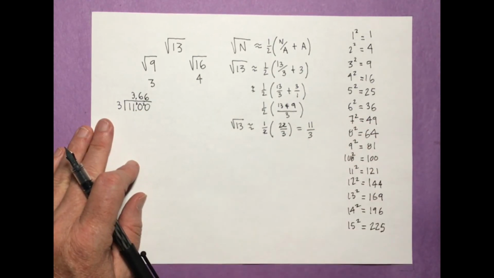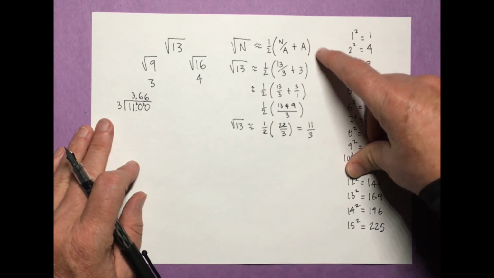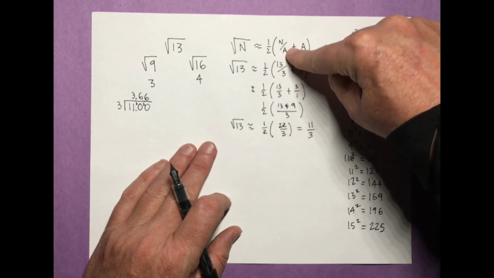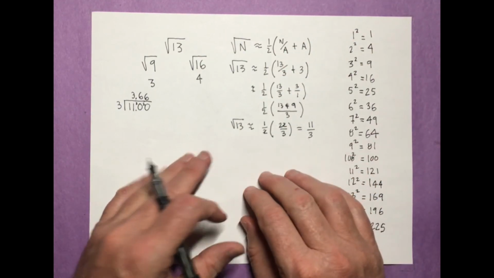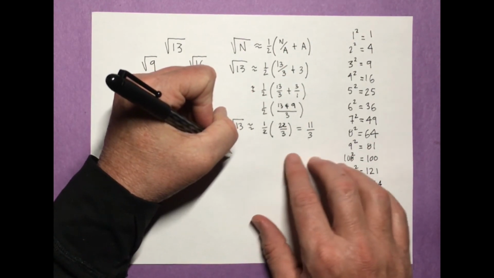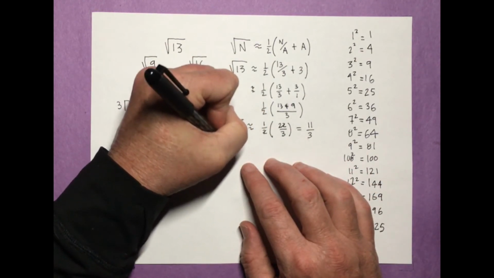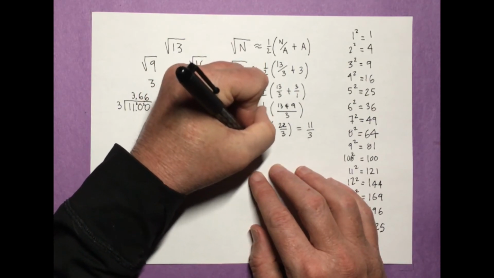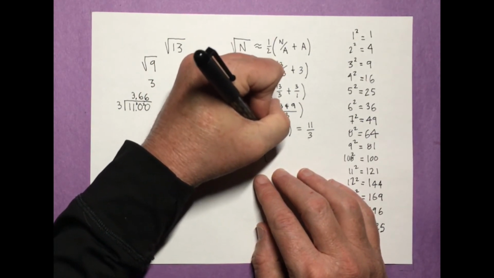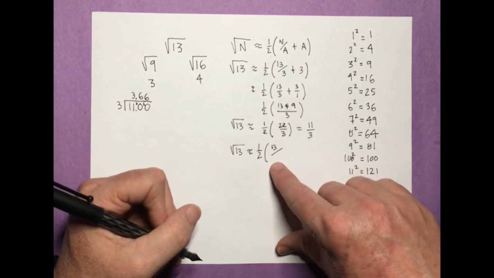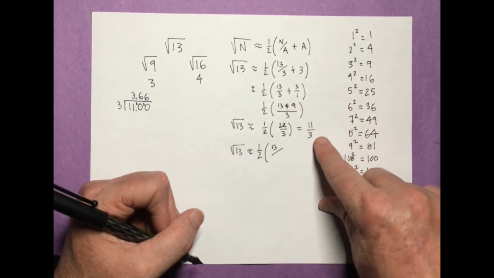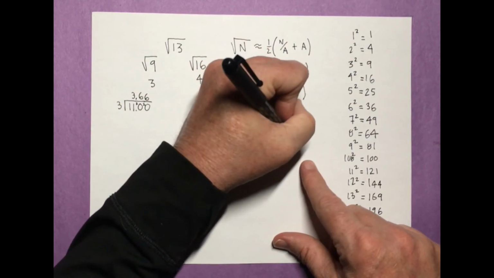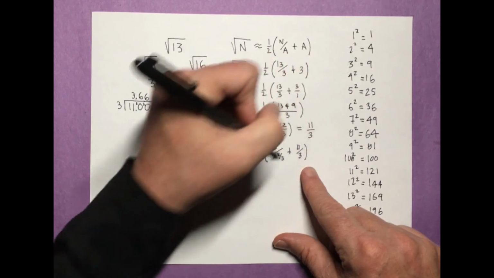As I said, Newton's method is iterative. That means once I have my first result, I can take this, plug it back into there, and get an even better result. So let's do that. By Newton's method, the square root of 13 is 1/2 times 13 divided by, so now my guess is better than just 3, it's 11/3, plus 11/3.